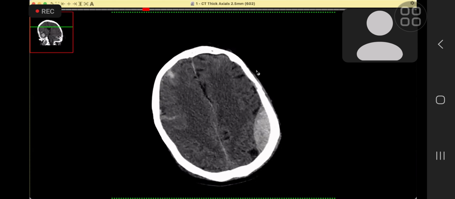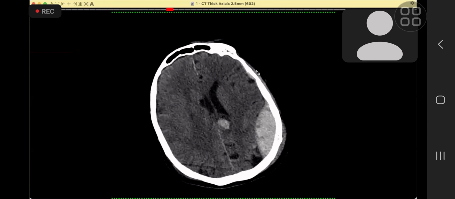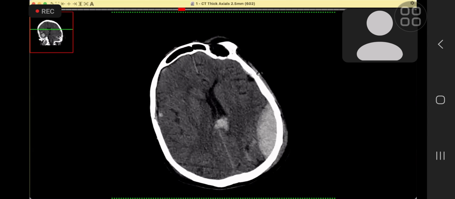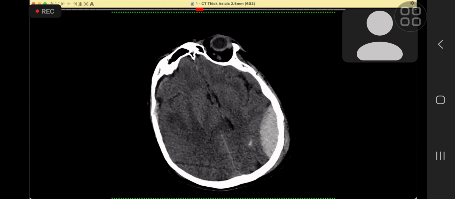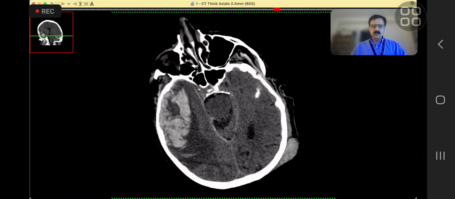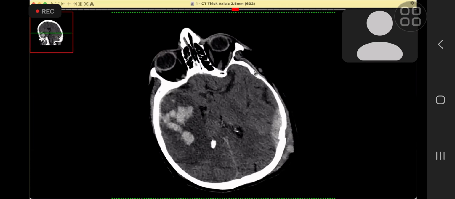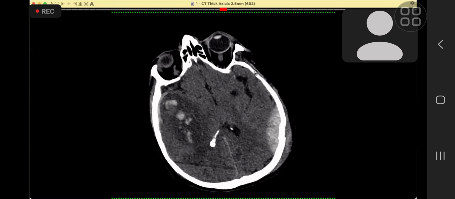As I mentioned before, in my routine practice, I would like to review the images in multiplanar format. I will also look for any associated fractures. How will you look for a fracture? On the bony reconstruction specifically.